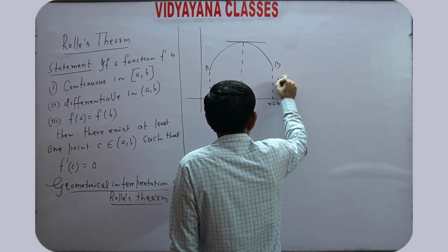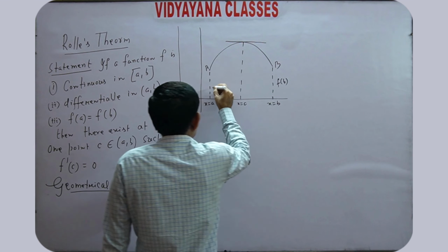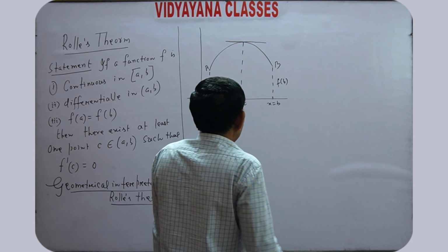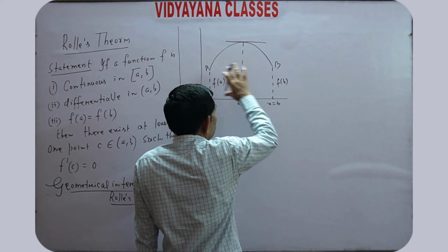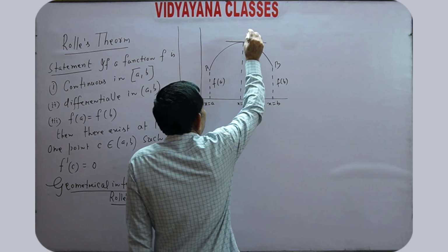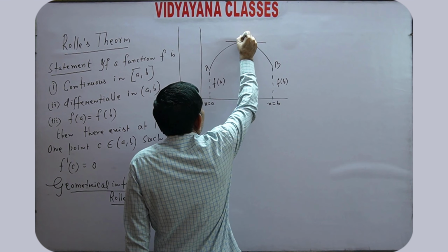This side is f(b), this side is f(a). f(a) is equal to f(b). This length is the same as this length. The tangent is parallel to x-axis at the point c, f(c).